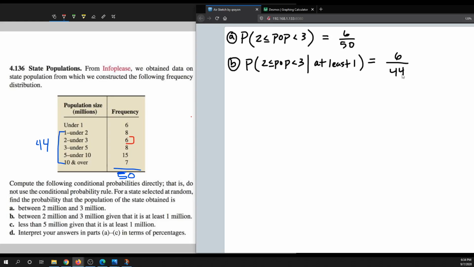All right. Next up in part C, they want to know what is the probability that a randomly selected state has population less than 5 given that it is at least 1 million.